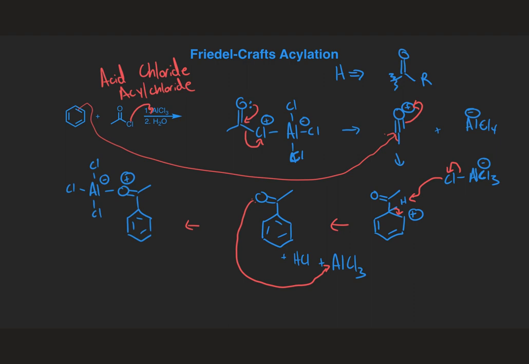Once you add water to this, I'm not going to show the complete mechanism of this, but if you remember from general chemistry, aluminum hydroxide is insoluble. And so when this complex reacts with 3 equivalents of water, I generate 3 HCl's and aluminum hydroxide, and my desired substituted benzene.